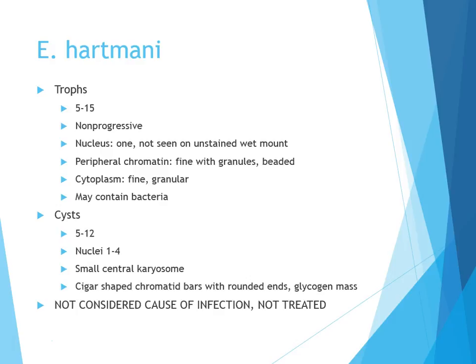Also, I want to mention that companies have come up with little ELISA tests that are immunoassays to look for some of these parasites now. The ELISA tests are similar to a pregnancy test, except of course you're going to use stool as the specimen.